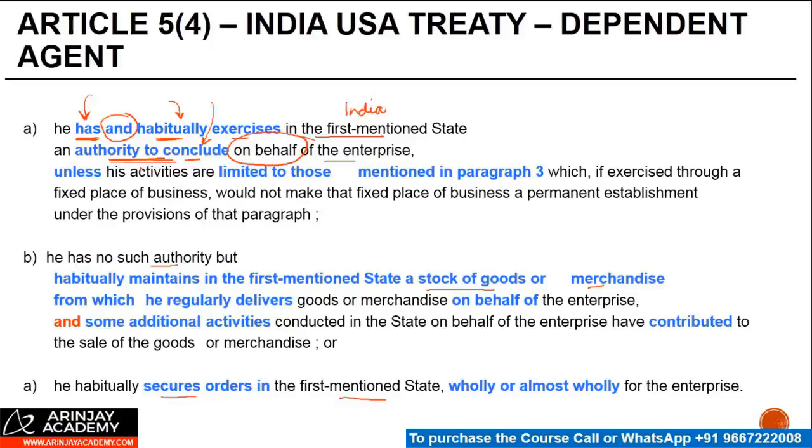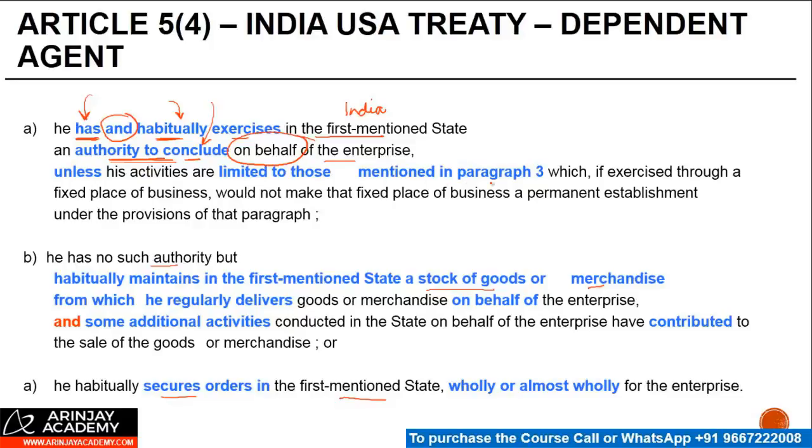If the negotiations are to such an extent that the only thing left is to just sign a piece of paper, then effectively he's concluded the contract. But if he negotiates some aspect whereby the key elements of the decision are to be taken by the foreign company, you can still argue that the conclusion has been done overseas.